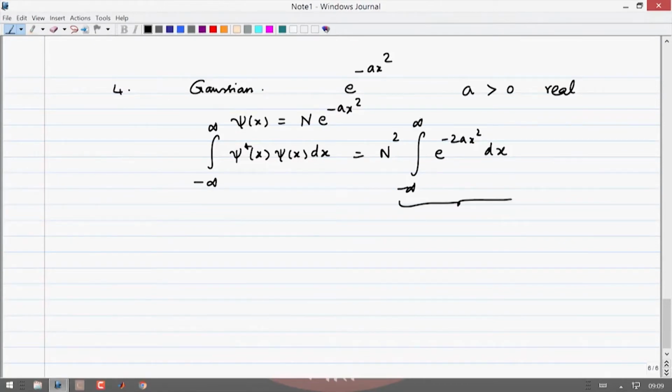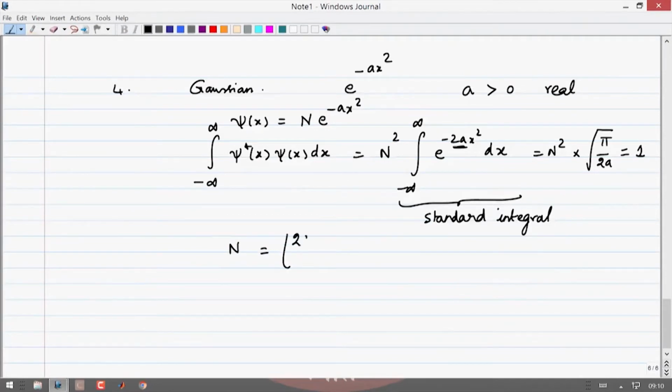And you know this is a standard integral given in textbooks, and it is something that you might also have to memorize for this course. This integral is root pi by 2a, whatever is the constant here, and that should be set to 1 for normalization, and therefore n is 2a by pi to the power 1 by 4.